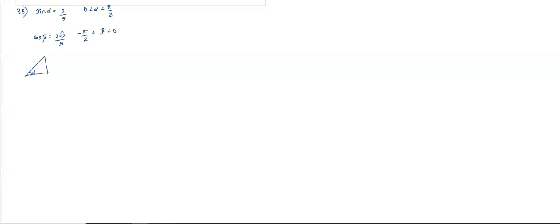Remember that sine is always y over r. So that means the opposite is 3, the hypotenuse is 5. And because this is the first quadrant, everything is positive, right? So both the x and the y are positive. Now, in order to find cosine alpha, I need to find the x value.